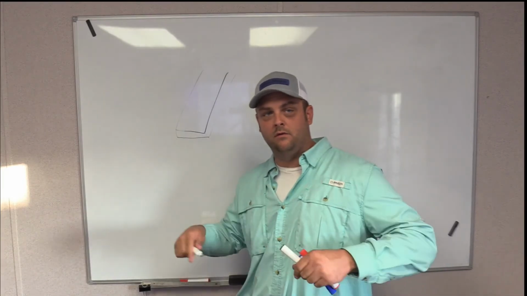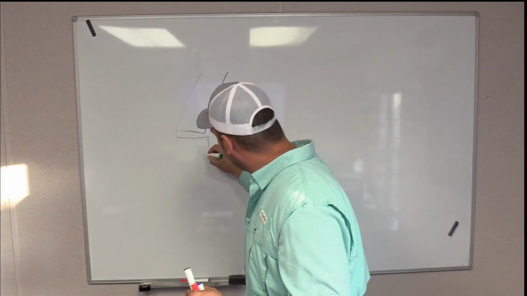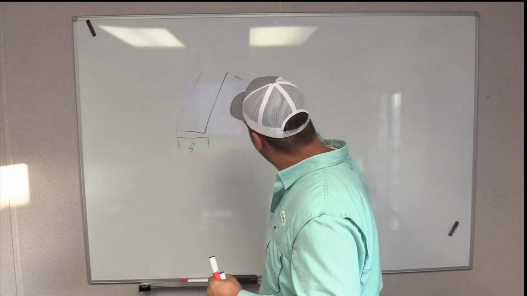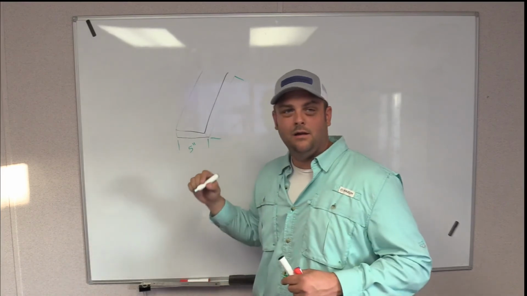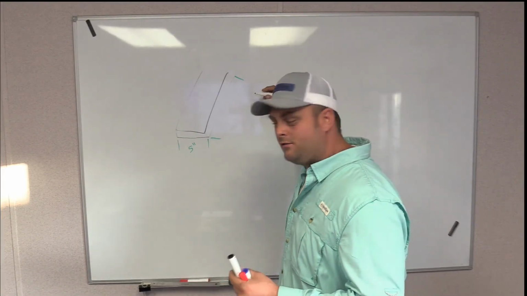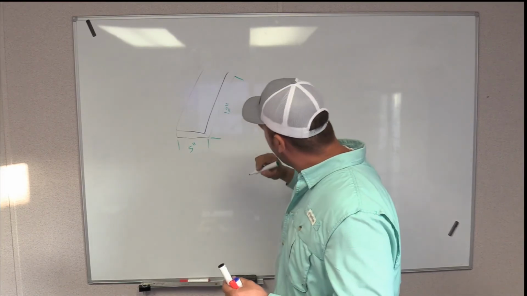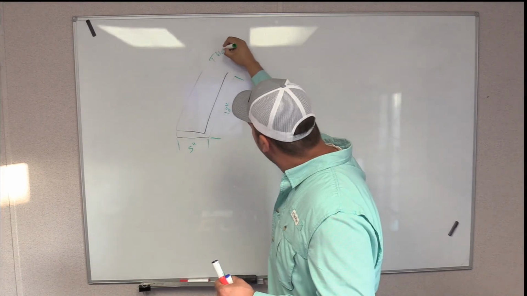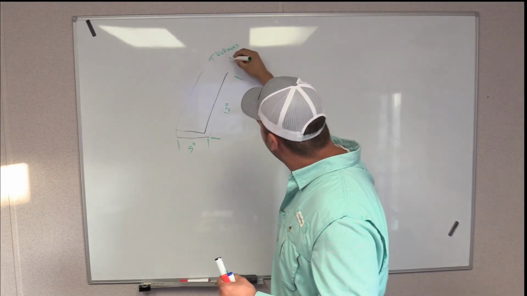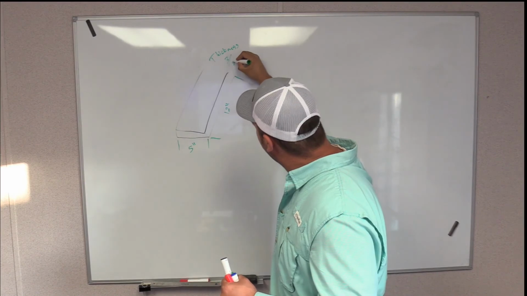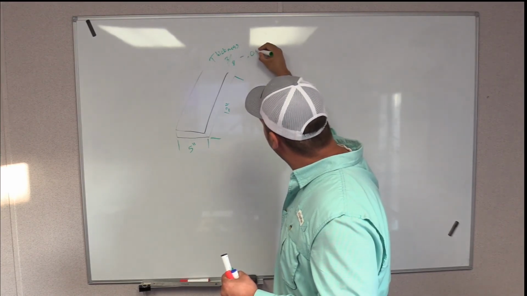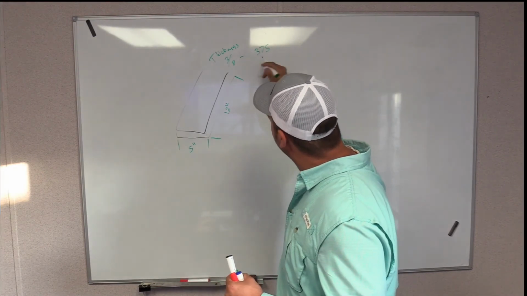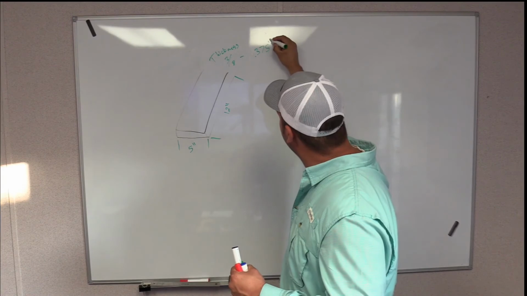Just for the sake of doing the calculation, let's say that this is 5 inches wide by let's go with 12 inches long, and overall the thickness is 3/8 of an inch, or also 0.375 is 3/8 of an inch.